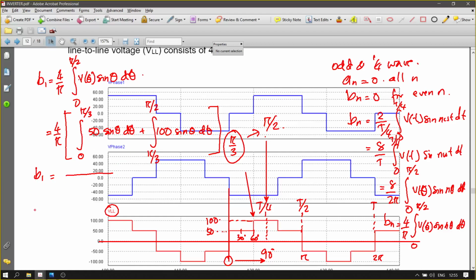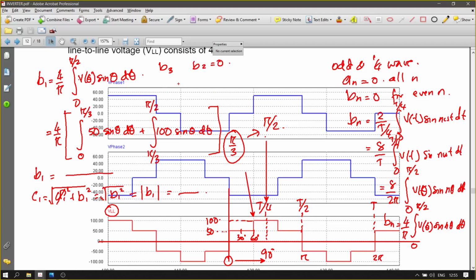Okay, straight away you can do that. Then you get what is b1, and finally you have c1 equals to, of course, we know that a1 is 0, so c1 is the square root of a1 squared plus b1 squared, therefore it is b1 squared. It's always the magnitude of b1. So you calculate what is c1. Then look for b3, for example, if you like, because we know that b2 is 0, isn't it? b2 is always 0. And now look at b3.